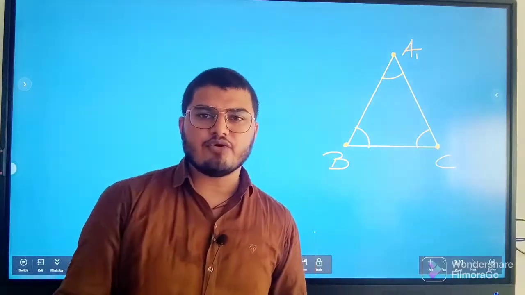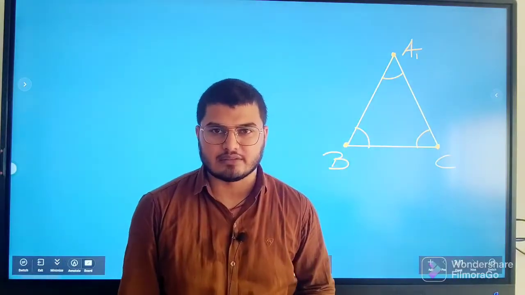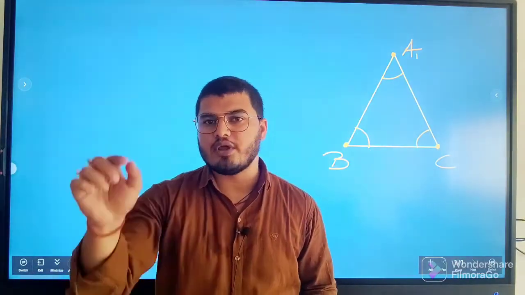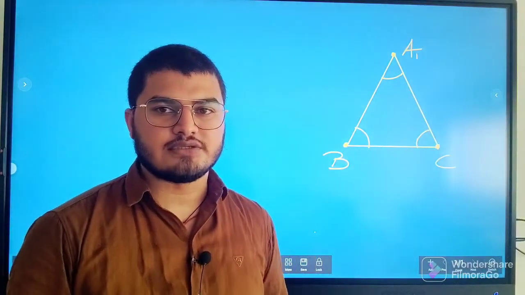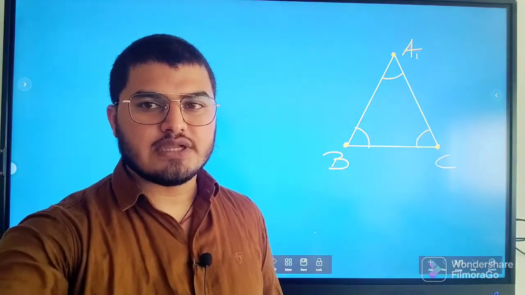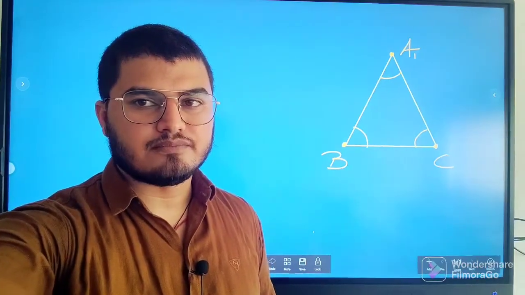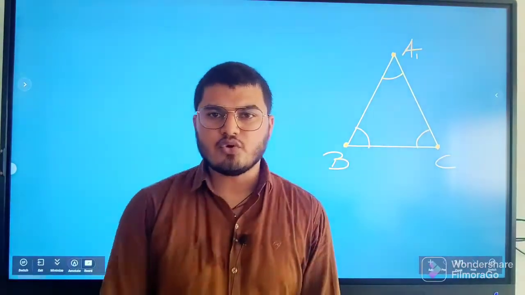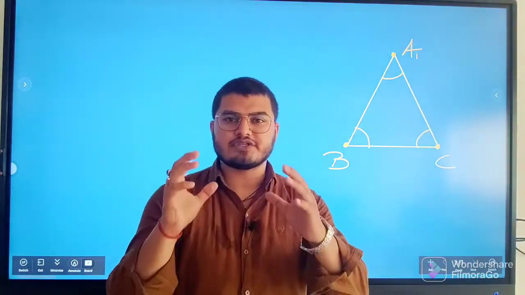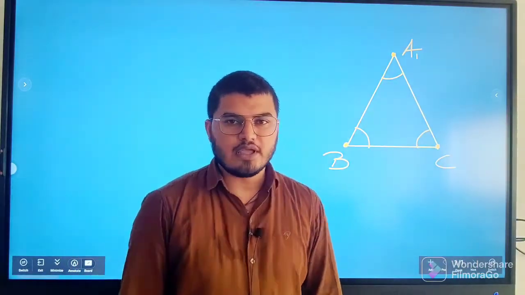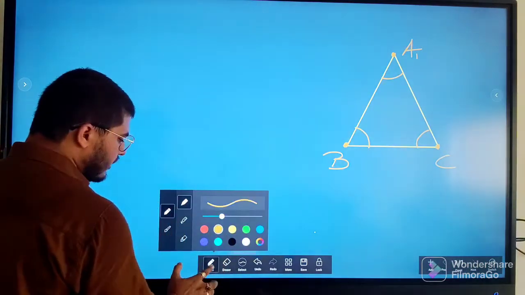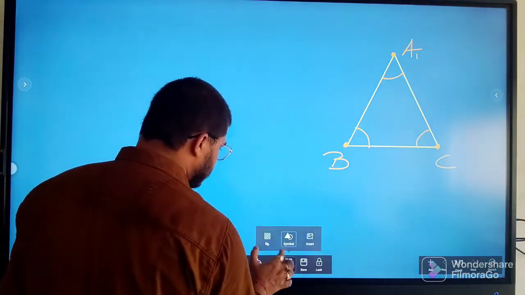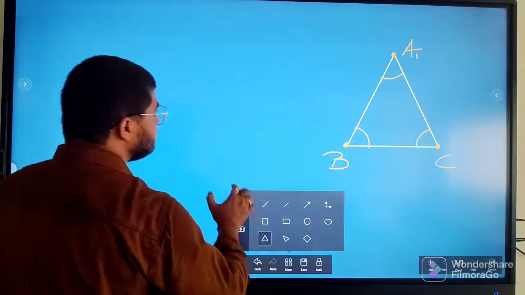So congruency was explained in detail in class 9th. But in class 10th we are going to discuss in detail the similarity of triangles. So let's go and discuss what is similarity. See, two triangles can be said to be similar triangles if there are two conditions.